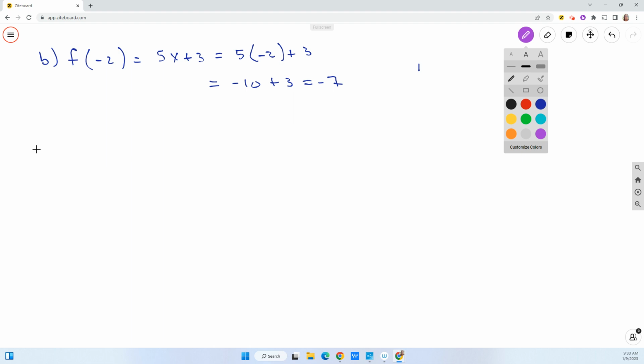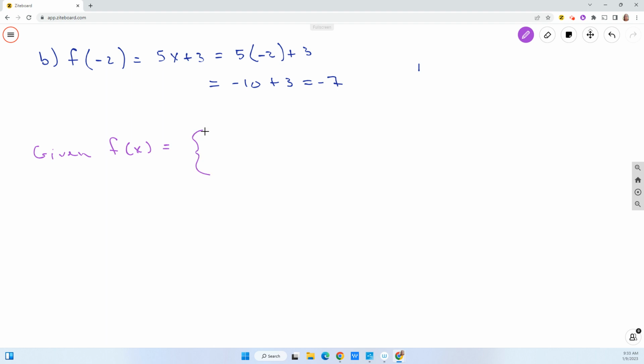All right. So say I have a new function and we're given f of x equals 1/2 x. Ooh, a fraction. They're giving us a fraction. Plus 3 if x is less than or equal to negative 4.